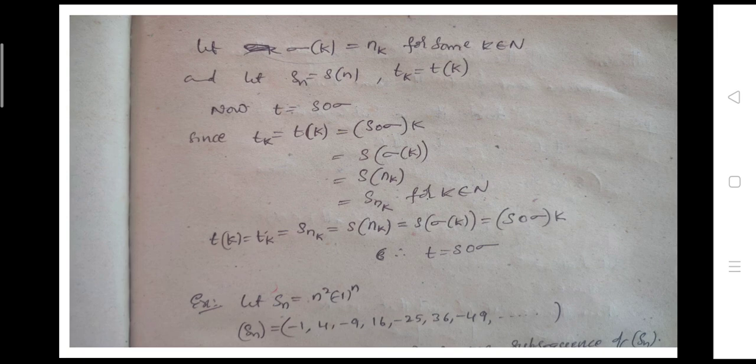S circle sigma of k is written as S of sigma of k, and sigma of k is written as nk, that is S of nk, for k belongs to capital N. Here T of k is equal to S of nk, and S of sigma of k is equal to S circle sigma of k. Therefore T is equal to S circle sigma.